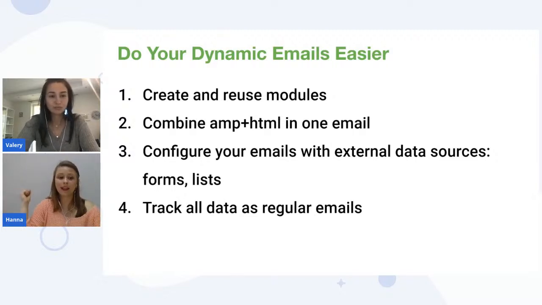Also, you can combine AMP and HTML in one email and not store millions of versions of your email. Then you can configure your emails with external data sources, forms, and lists, and track all data as with a regular email, as all the regular email data is trackable.